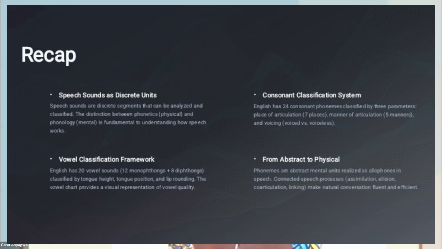And finally, we talked about the phonemes as being abstract and the allophones as being physical. And we tried to introduce you to connected speech processes: assimilation, elision, co-articulation, and of course linking. And we said that these are the processes that make natural conversation fluent and efficient.